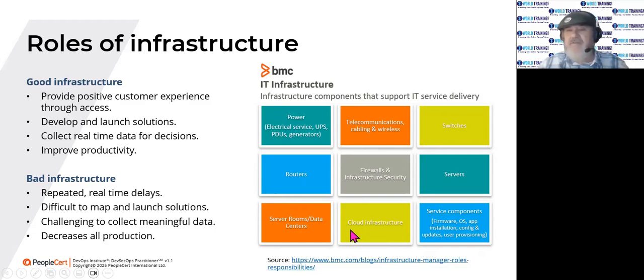Cloud infrastructure, if you're using a public cloud, could be included as what you consider your infrastructure, even if you hire it out over a network. Different service components. So there could be components of all of the above: firmware, operating systems, applications. So maybe that also could include some of the tools, configuration and updates, user provisioning.